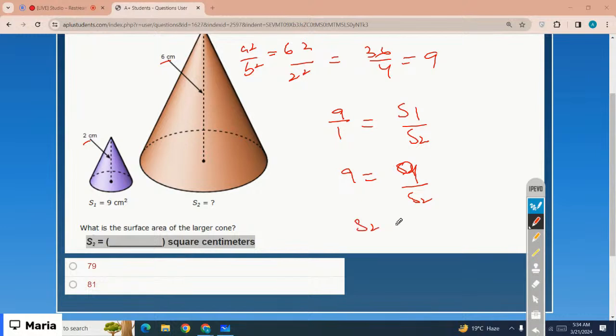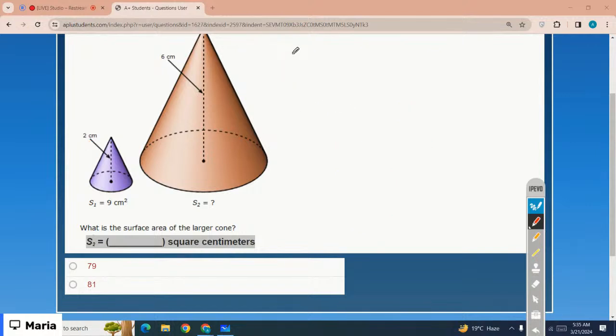So just do cross multiplication. Hold on, that is 6 squared over 2 squared, 36 over 4, 9 it is, right?